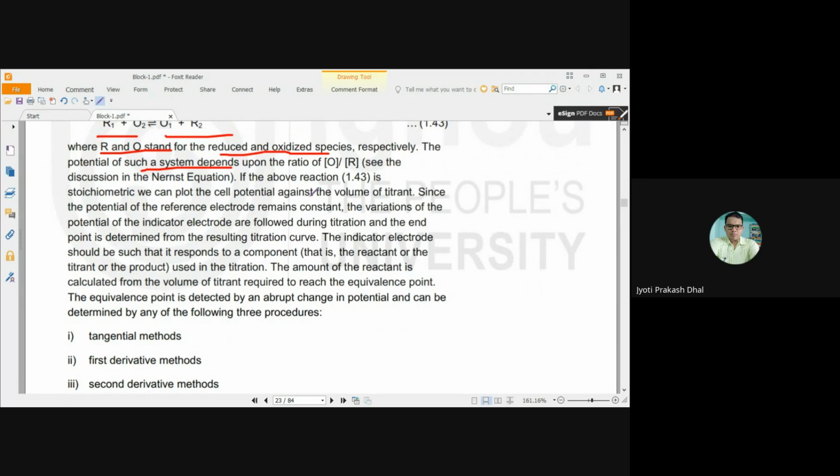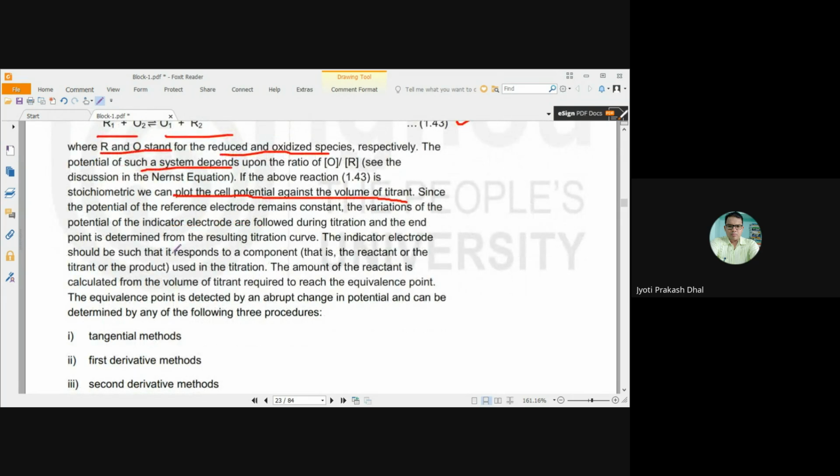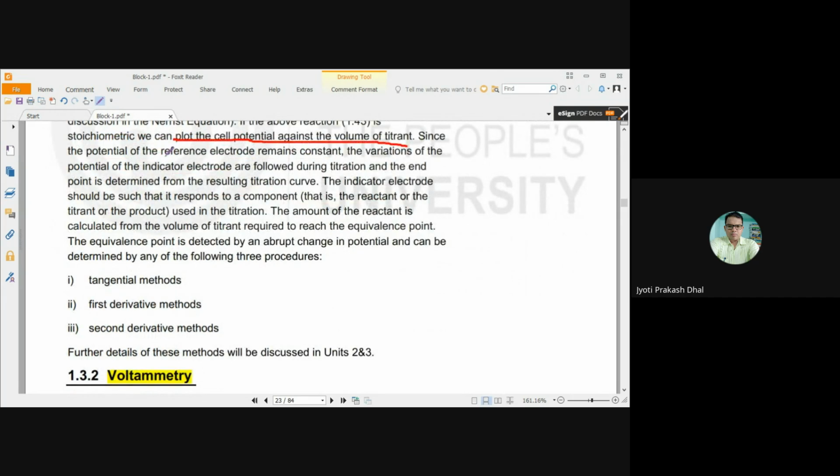In the above equation, 1.43 is the stoichiometry. We can plot the cell potential against the volume of the titrant, and since the potential of the reference electrode remains constant, the variation of the potential of the indicator electrode is followed during the titration, and the endpoint is determined from the resulting titration curve.